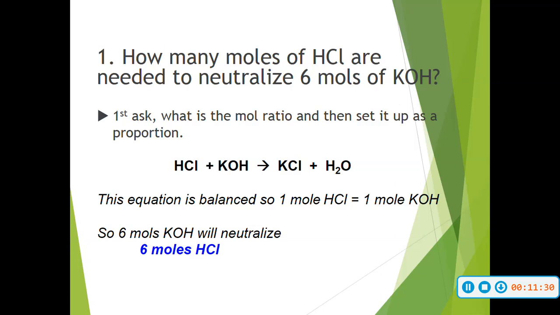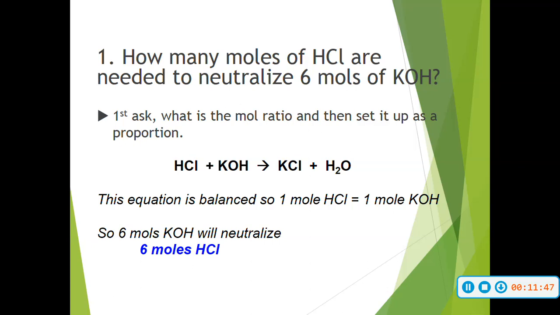All right, some more examples. How many moles of HCl are needed to neutralize 6 moles of KOH? First ask what is the mole ratio and then set it up as a proportion.